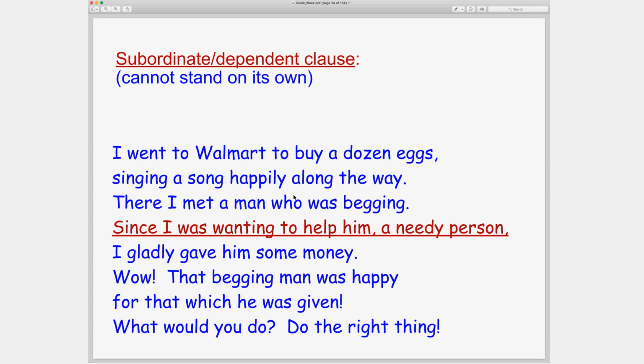Since I was wanting to help him, a needy person, if I stopped there, it's incomplete. It's dependent upon something. What? It's dependent upon I gladly gave him some money.